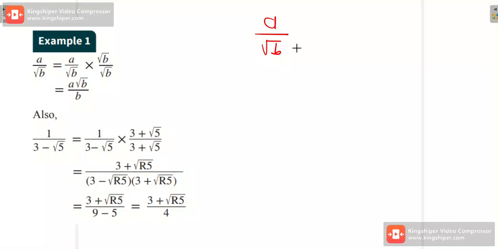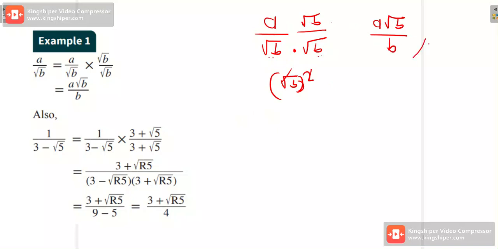So what do we do? Multiply the denominator by its conjugate, and the conjugate is root of b. And do the same thing up here, root of b. So it means we are multiplying a by root of b, and we have a root of b, all over root of b times root of b, which is root of b all squared. And the square will cancel the square root, so we have b. And that is the answer to this.